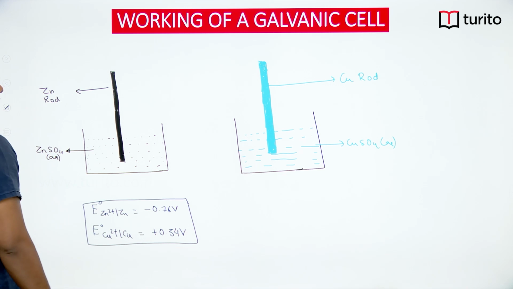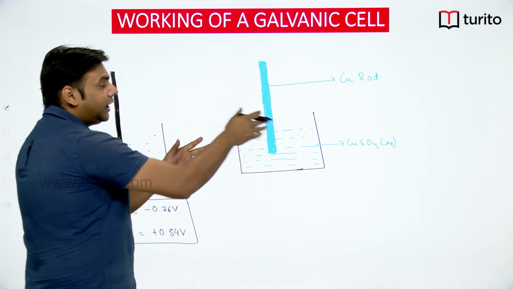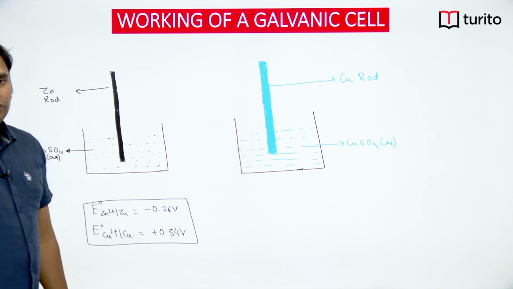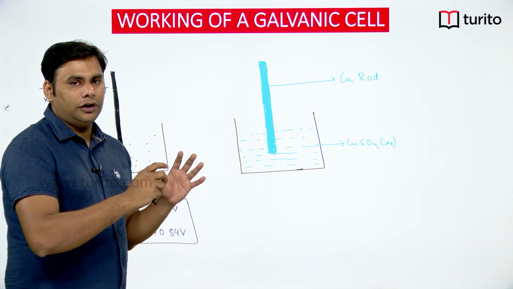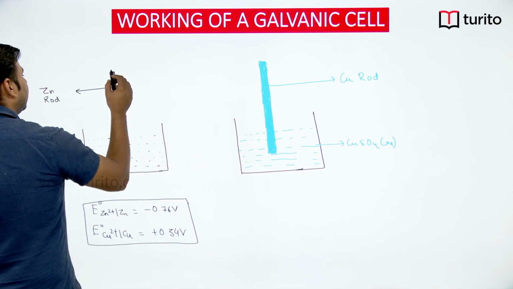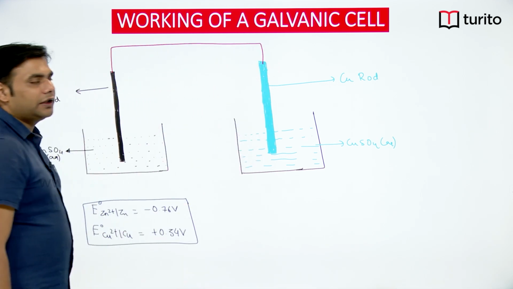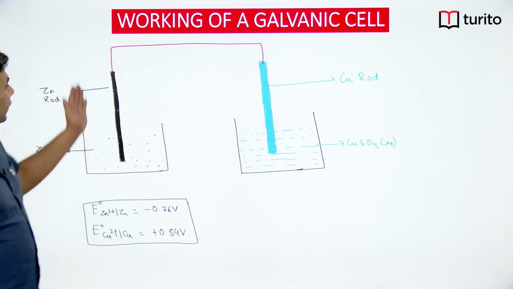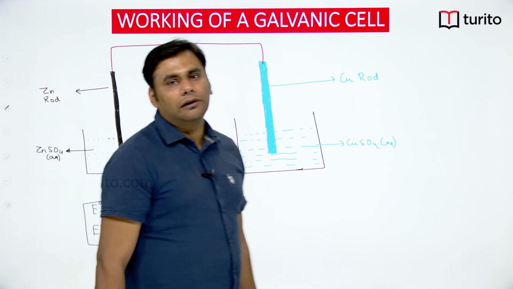So in one half oxidation would be going and in the other half a reduction would be going. We know that oxidation is loss of electron. So when this loses the electron, we connect the two rods with a conducting wire so that the flow of electrons starts. So this is the main concept of the galvanic cell.